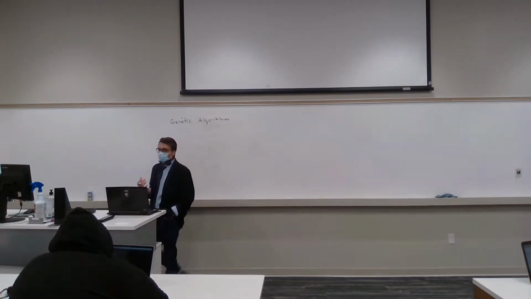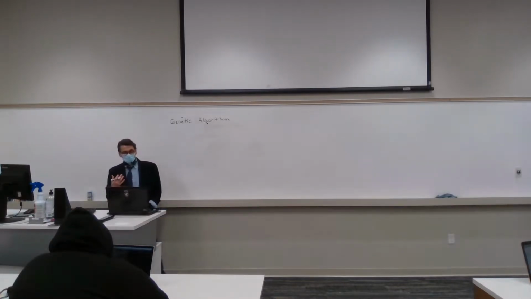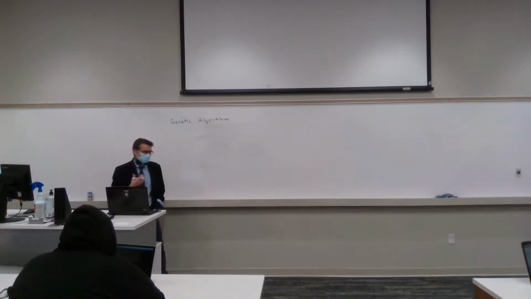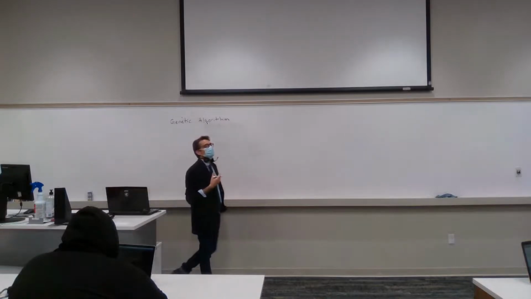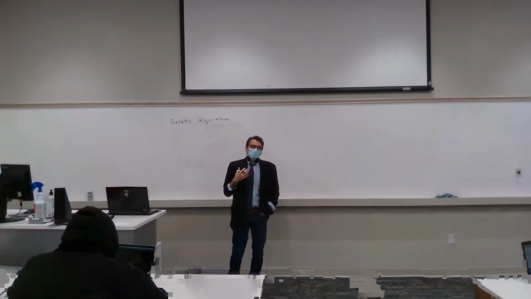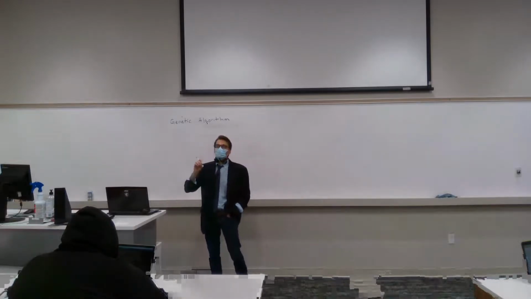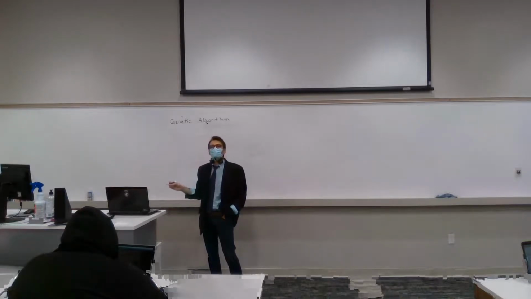So usually in a problem that we're going to try to solve in this way, we have to somehow be able to, if not quantify solutions, in other words put a numerical value on them, at least compare them to say this one is better than that one, right?